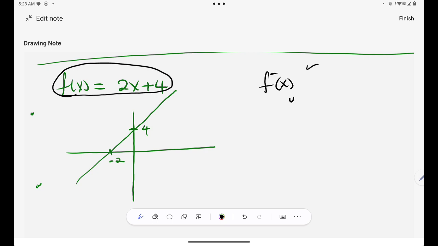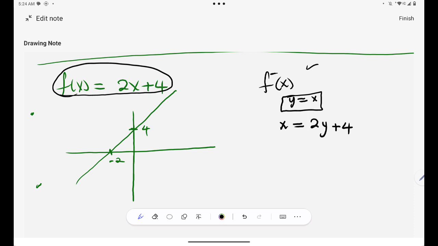How so? I know that for me to have an inverse, I have to reflect the graph of f of x on this line. It simply means that whenever I see y there, I must put x, and whenever I see x, I must put y, and then my duty is to just isolate y.